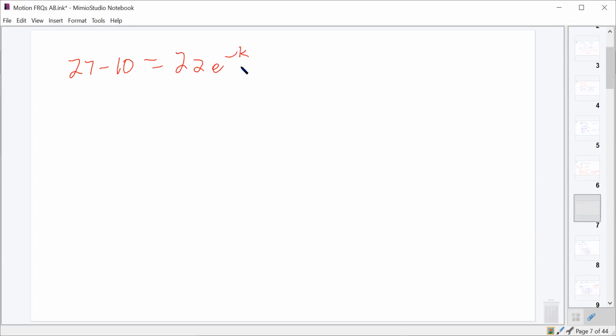And then we will solve for k. So that's going to give us 17 over 22 equals e to the negative k. Take the natural log of both sides. It's going to give us natural log 17 over 22 equals negative k, or our k value should be, I don't know, what does that come out to be?